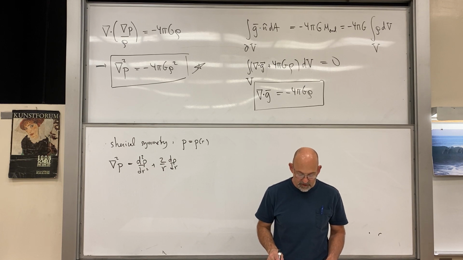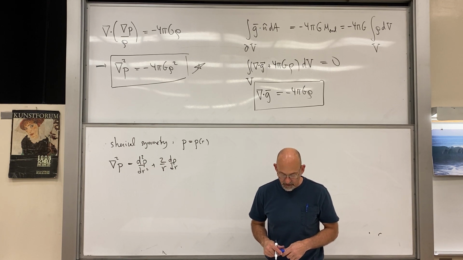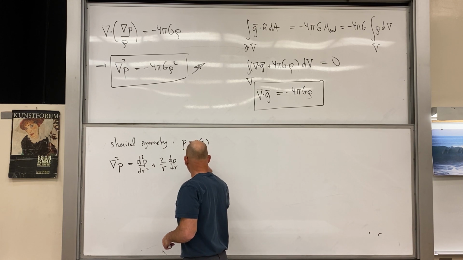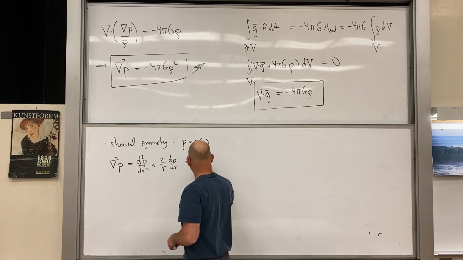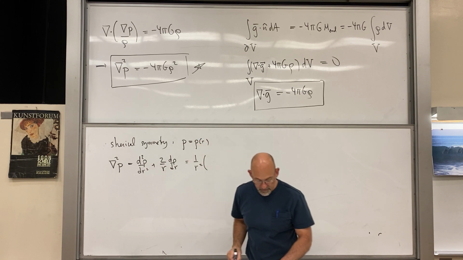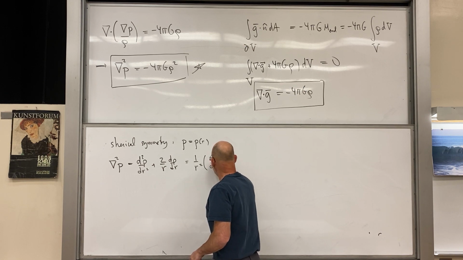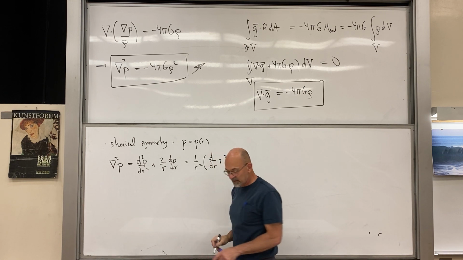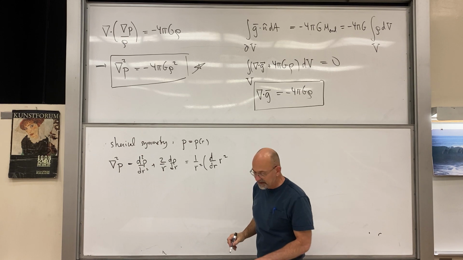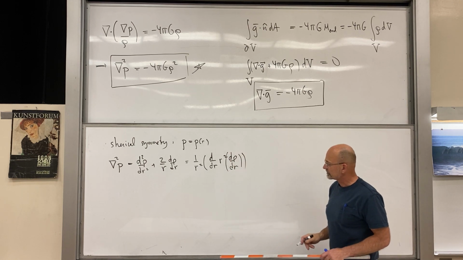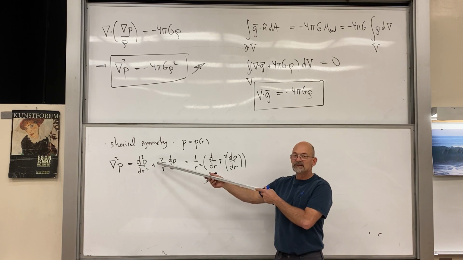If you look this up in terms of spherical polar coordinates, you'll find the following expression: 1 over r squared, d/dr of r squared dP/dr. This one looks simpler actually.